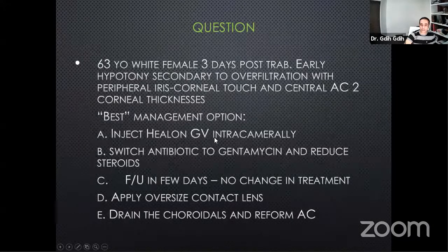Injection of Healon GV intracamerally, sorry. Switch antibiotic to gentamicin and reduce steroid, or follow up in a few days, no change in treatment, apply oversized contact lens, or drain the choroidals and reform AC. There is no right or wrong. You just think among the options that you have.